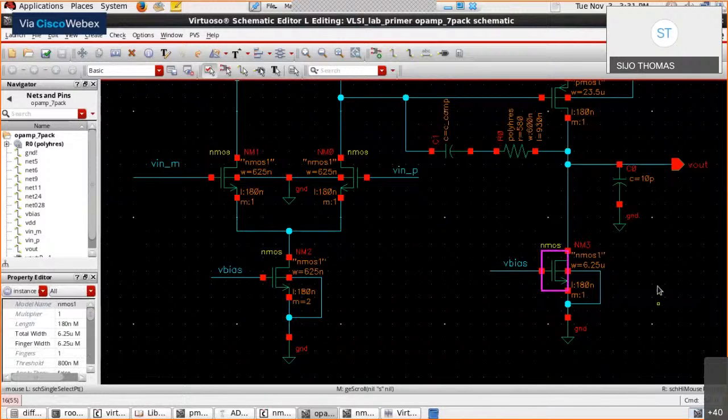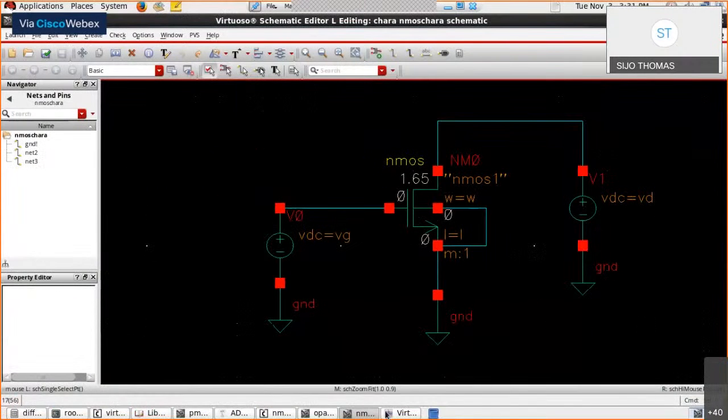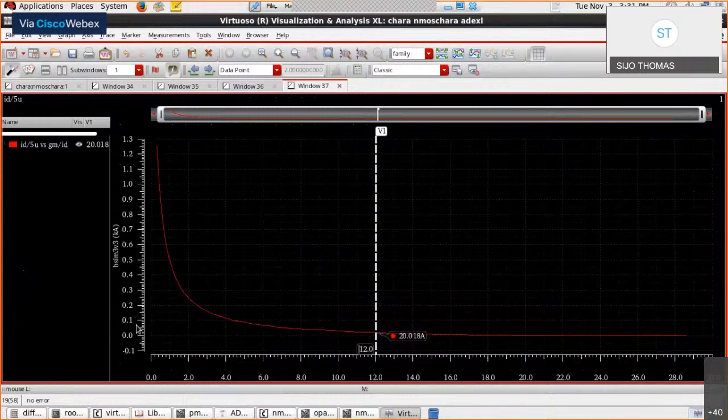If you go back to the curves again, that is current density across gm/ID, which we plotted now. Yes, Joe, the gm/ID value remains the same.